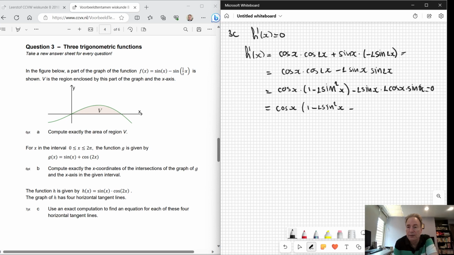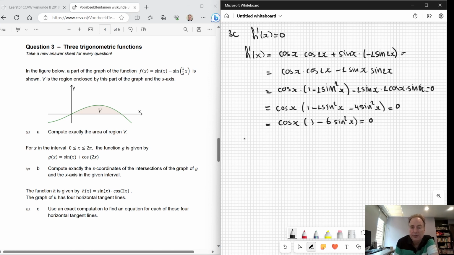Oh, and here you have another minus 2 times 2, or minus 4 sine squared x, put on 0. So these are actually the same terms. Cosine x times 1 minus 6 times sine squared x, equals 0.